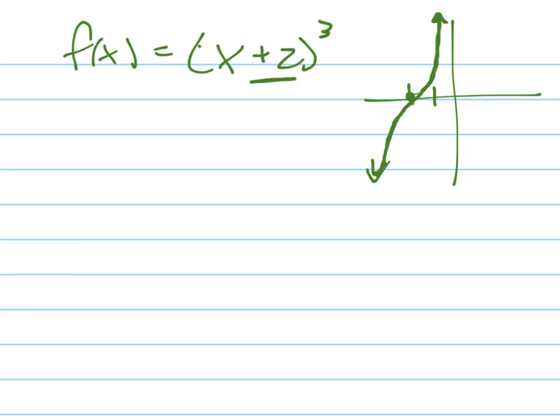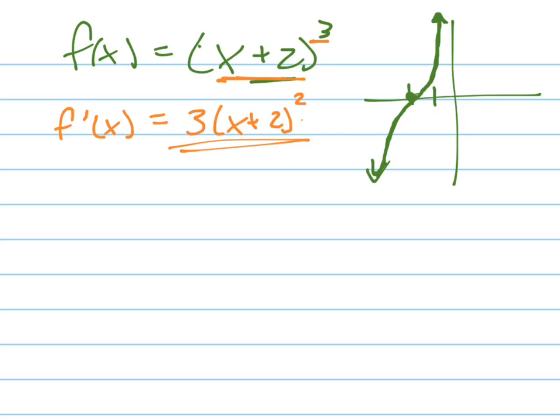So let's go ahead and think through. It's going to be increasing, and we can see what the graph is doing, but now let's use the calculus to determine what the graph does. F prime of x, if I use the chain rule, I bring this down, 3 times (x plus 2) squared, and then I multiply it by the derivative of the inside, which is just 1. So there's the single derivative, and the double derivative is going to be, do the same thing, 6 times (x plus 2).